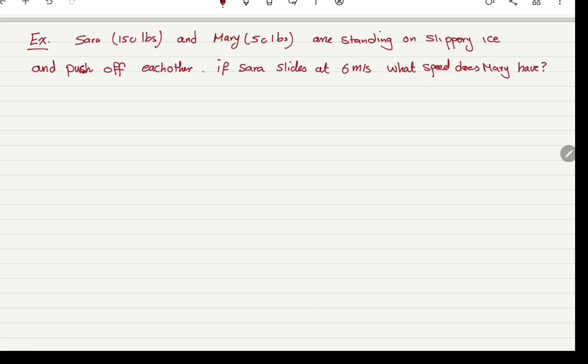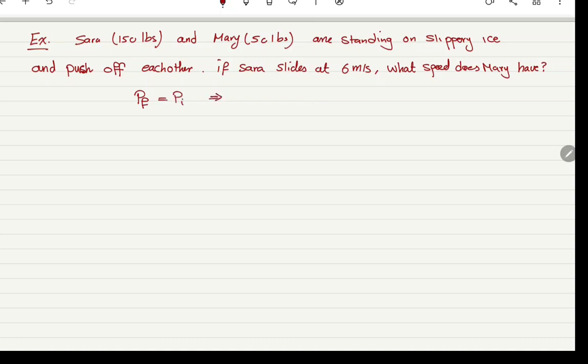Example: Sarah, 150 pounds, and Mary, 50 pounds, are standing on slippery ice and push off each other. If Sarah slides at 6 meters per second, what speed does Mary have? Now, momentum is conserved again. P final equals P initial.